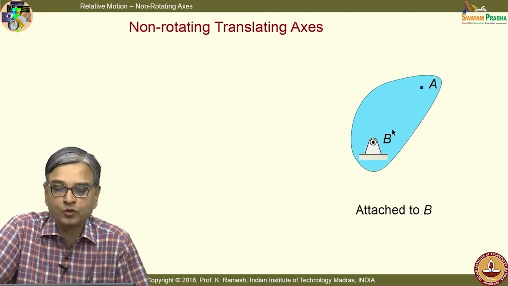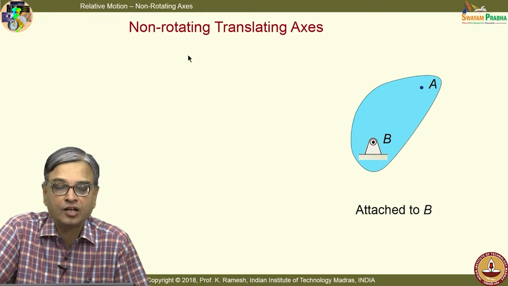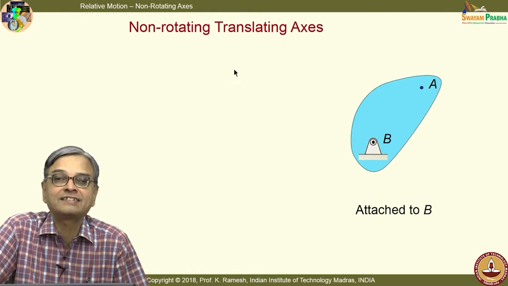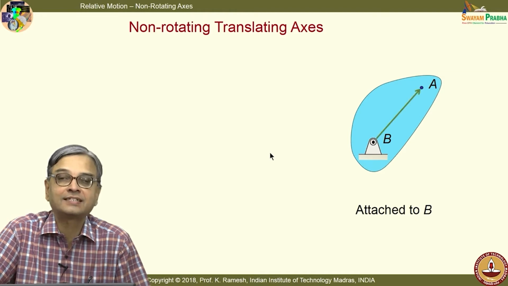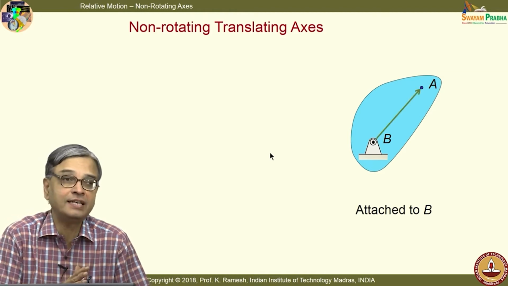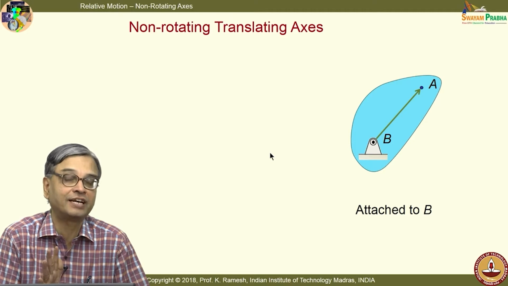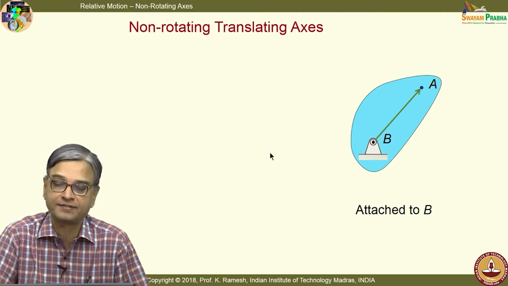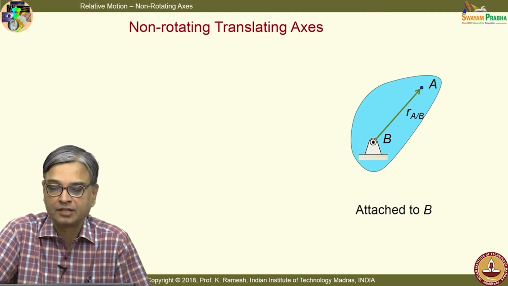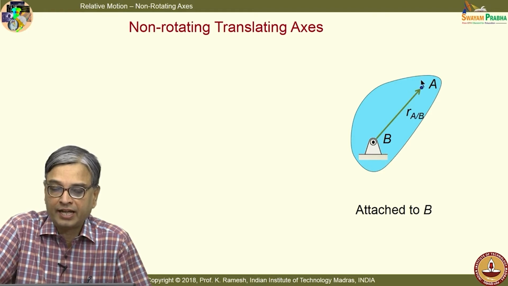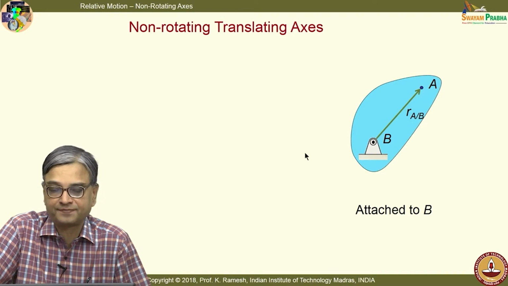And when I want to view the point A sitting at B, that means I have attached a non-rotating translating axis at B. The axis can have velocity as well as acceleration. It is not an inertial frame of reference. And when I have a rigid body, this distance remains fixed.